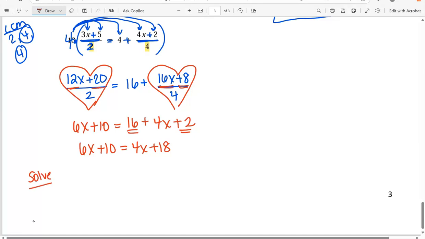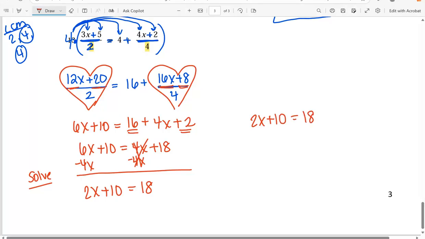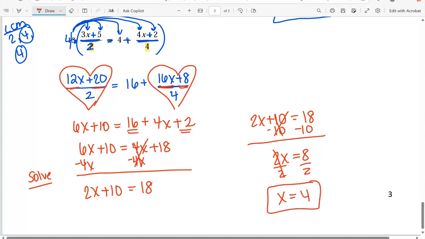When I go to solve, I can subtract 4x to join its friend, leaving me 2x plus 10 equals 18. I'm going to move over here so that I have more space. Subtract 10 to the other side, leaving me 2x equals 8. And the last step is to divide out that 2 so that x is alone.